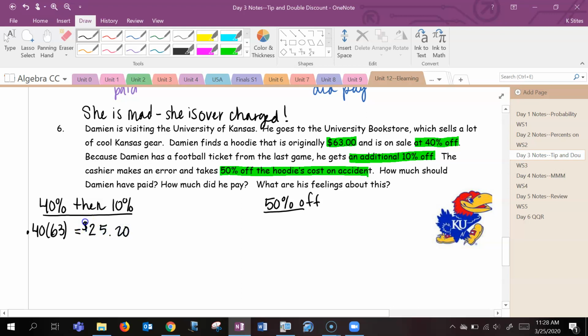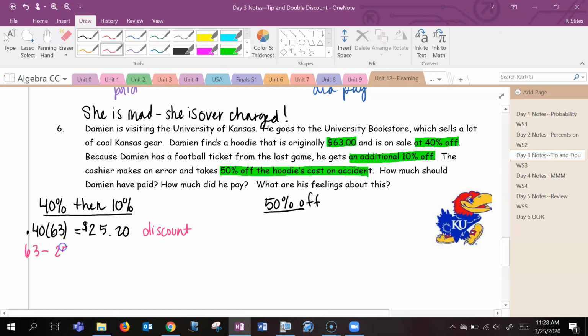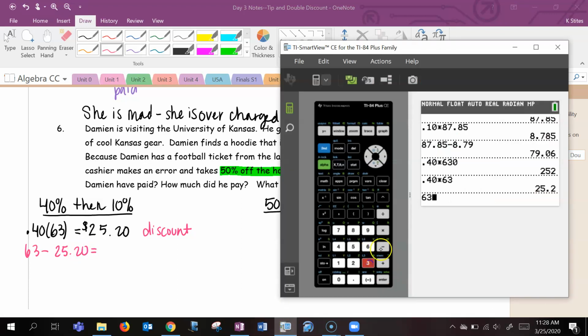Okay, but remember, this is the discount. So now I will go ahead and subtract that. 63 minus 25.20 gives me a cost of $37.80.